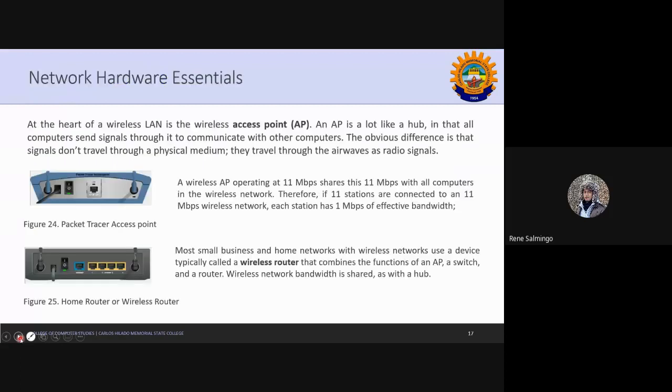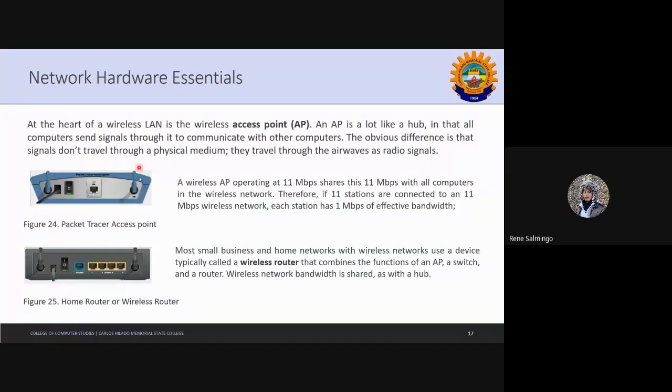Okay. So we have the hardware network essentials. This is your wireless access point. As we discussed earlier, this is a common home router in your home. This one is your repeater or access point.